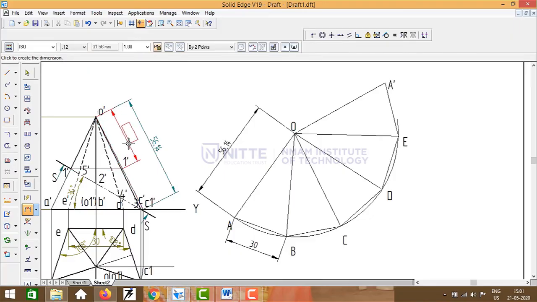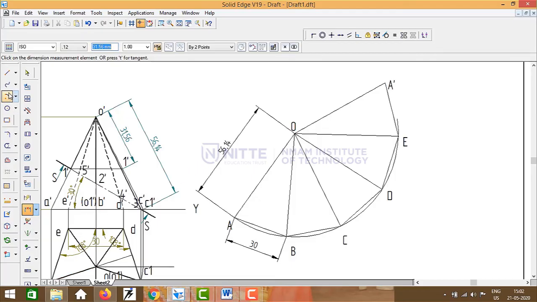If you are not getting the dimension, by mistake, if it is horizontal or vertical, you will get the dimension only in the horizontal direction or in the vertical direction. To get the slant dimension, go here in the dimension, change it to 2 by 2 points, you will get the slant dimension like this. Okay, so keep the slant dimension here. 31.56 will be the dimension.